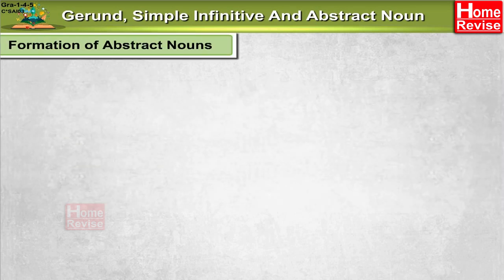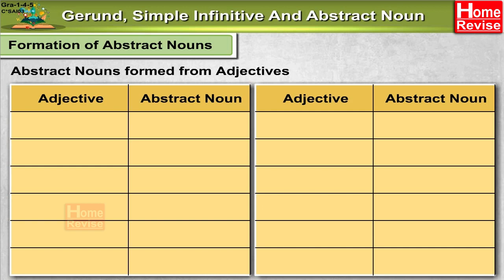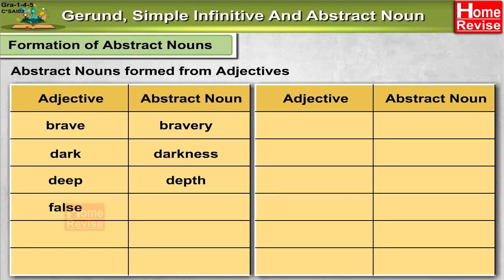Formation of abstract nouns. Abstract nouns formed from adjectives. Here are adjectives and their abstract nouns. Brave, bravery. Dark, darkness. Deep, depth. False, falsehood.